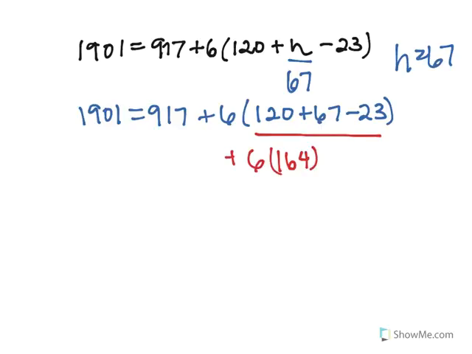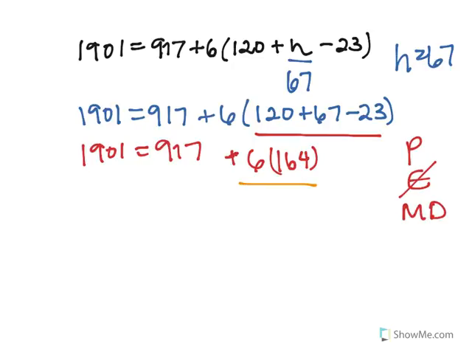This is going to be times 6, and then the rest of the equation is the same. 1901 equals 917. Using order of operations, after parentheses, we have no exponents, so we're going to move on to multiplication and division. I can see that I have multiplication right here, so I'm going to do 6 times 164, which equals 984. Everything else stays the same.